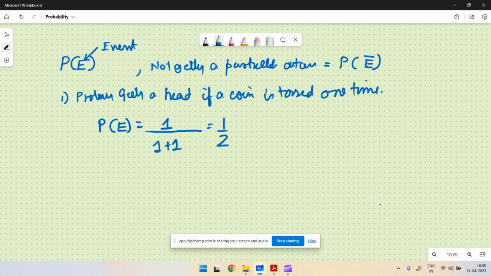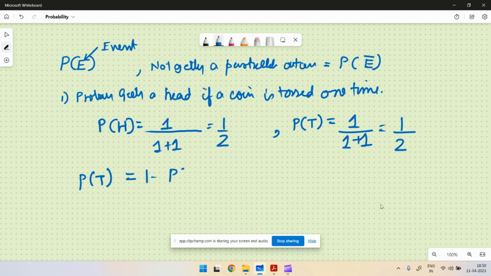Here I can replace E with H because I'm looking for a head. Probability of head is this. Now, the probability of getting tail will also be the same, because the number of tails in a coin is only one. Total outcomes are 1 plus 1, so 1 by 2. Now you can see that the probability of tail is nothing but 1 minus the probability of head.